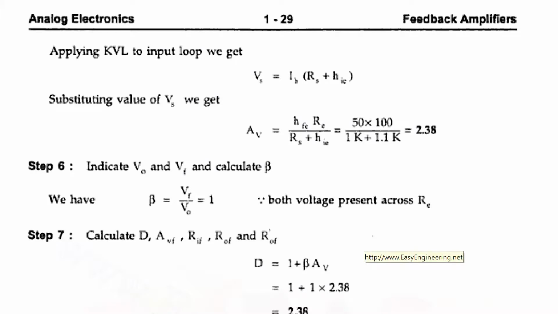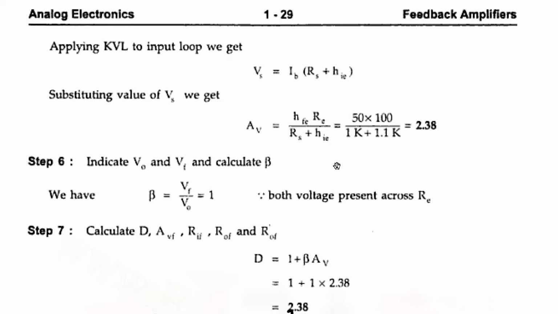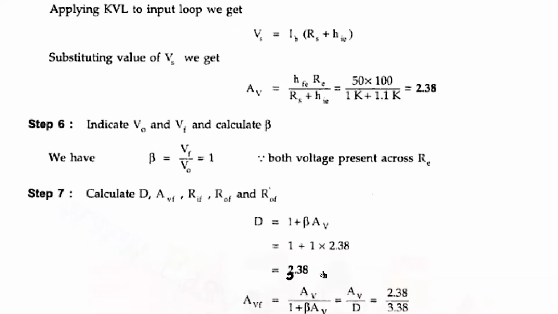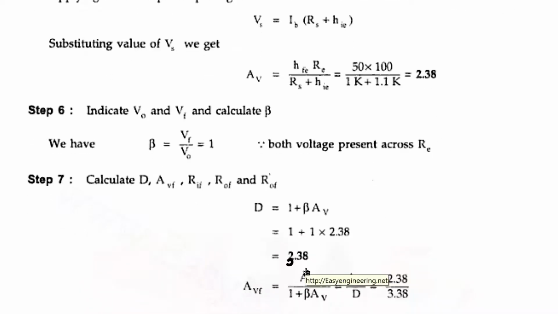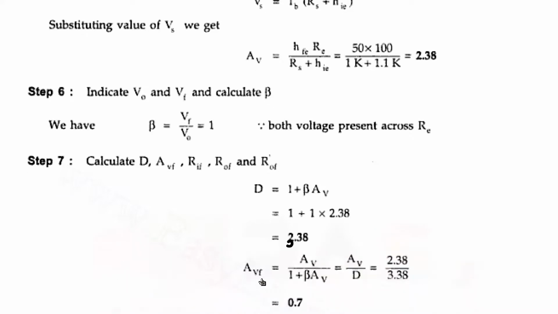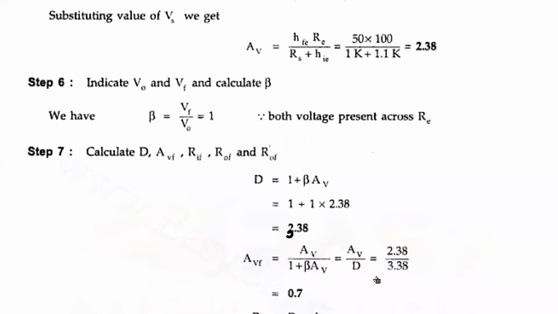So we first calculate 1 plus A beta separately. A we already got, beta we already got. 1 plus A beta is 1 plus 1 into 2.38, so 3.38. For voltage series feedback we already derived that voltage gain is AV by 1 plus A beta. Substituting AV 2.38 and 1 plus A beta 3.38, we get the answer.